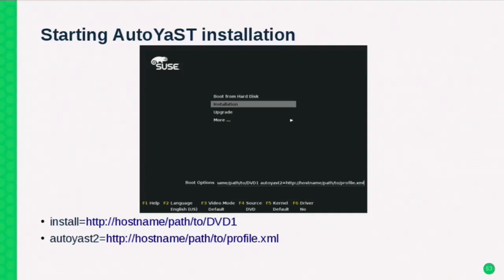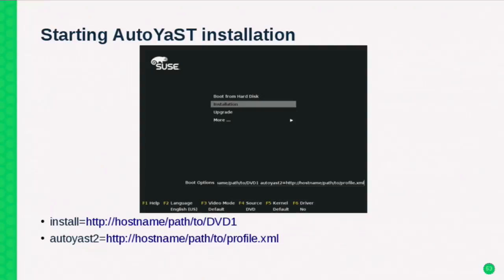Of course, if you have it on a USB stick, you don't need network. But if it's on a remote server, you need a network in order to fetch the profile. So that's why, in my opinion, the best thing you can do is to use the AutoYaST2 option, which will, if it's possible, configure the network automatically with DHCP, then fetch the AutoYaST profile, and if the AutoYaST profile contains network configuration, it will apply the one from the profile.